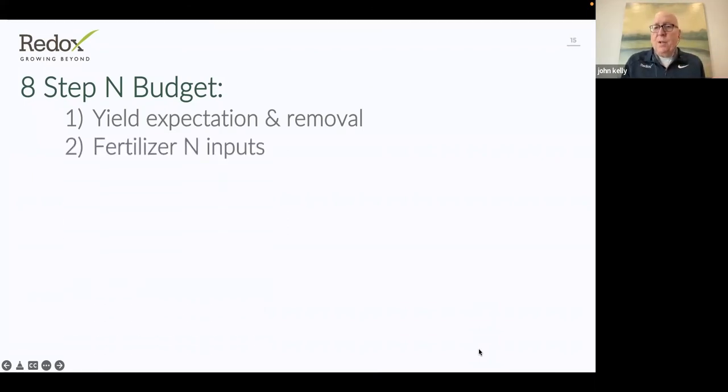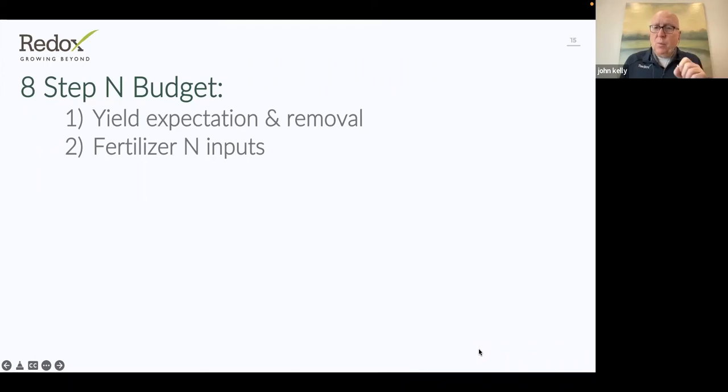Next, you determine what you anticipate applying from a nitrogen input standpoint. Now, keep in mind that more in-season and more frequent nitrogen applications are going to inherently produce better efficiency, applied in more moderate levels exactly when the plant needs it.